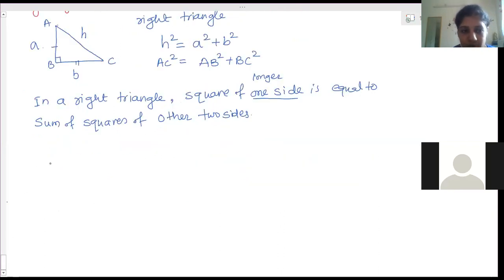We have to prove this by using similarity of triangles.